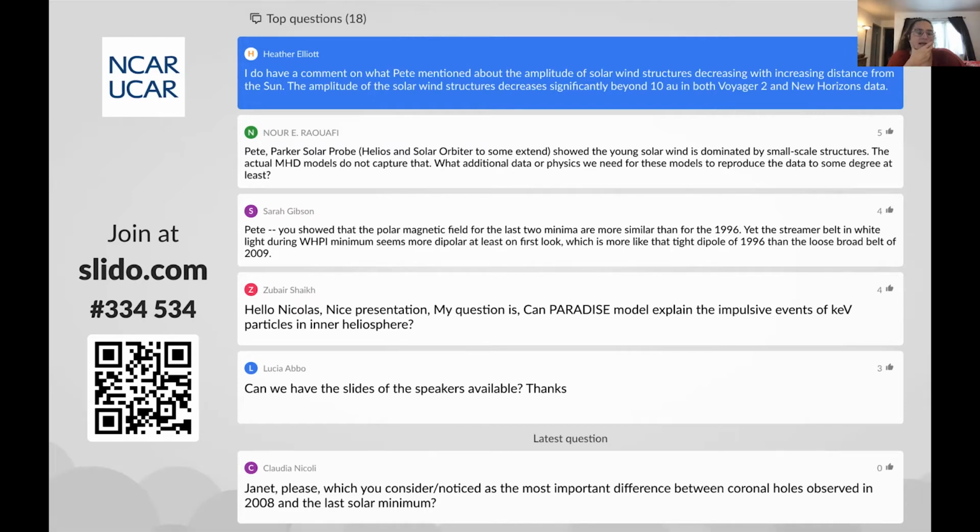And compared to Voyager 2, the maximum for Voyager 2 in sunspot number was over 200, and the maximum for the cycle where New Horizons was, just a little over 100, maybe 120 or 140 or something.